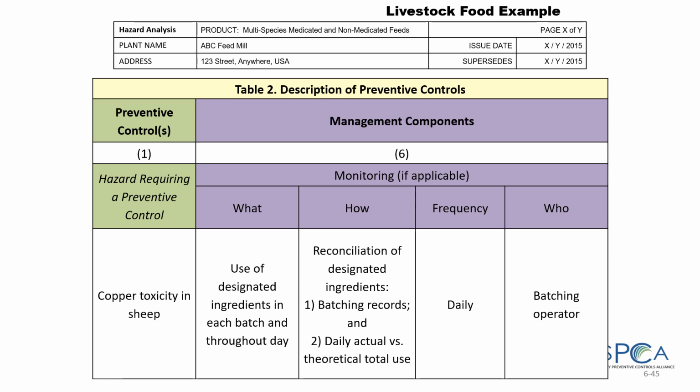How I'm going to do that, I'm going to reconcile the ingredients by using the batching records and that calculation of actual versus theoretical total use. This is going to be happening daily, and our batch operator is going to be doing it for us. So to describe your monitoring activities, you need to tell us what is happening, how you're going to do it, the frequency, and who.